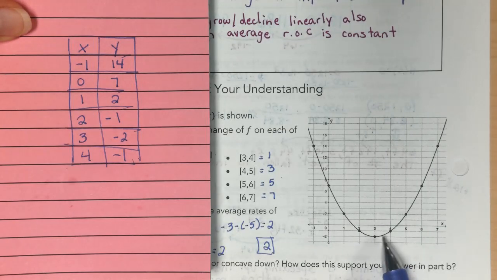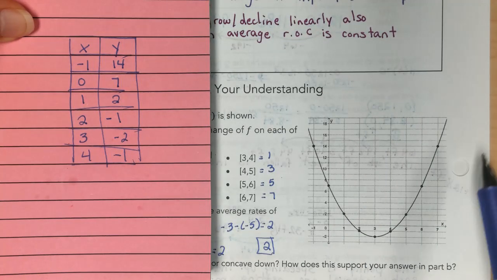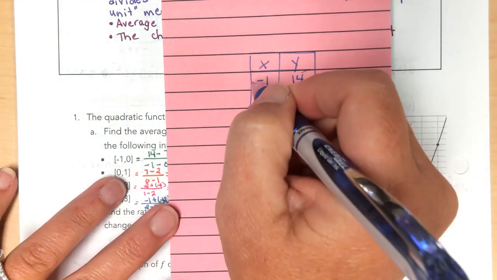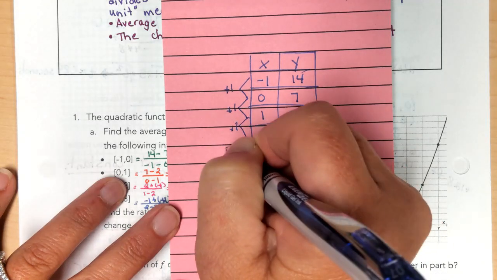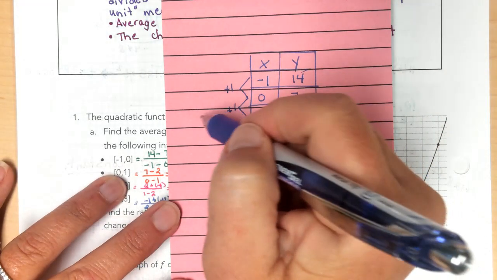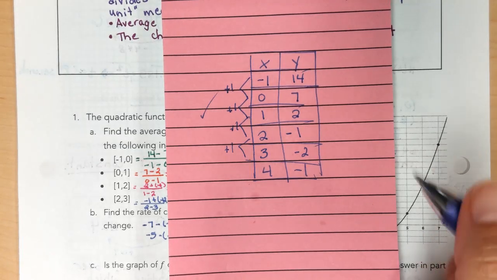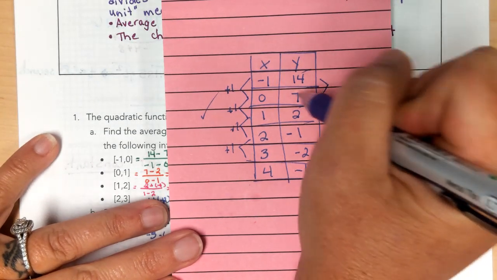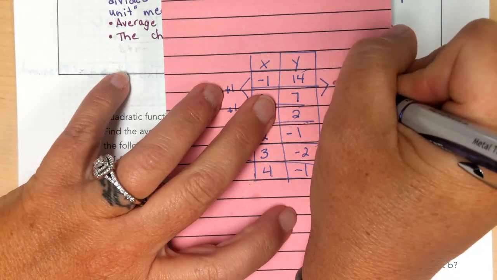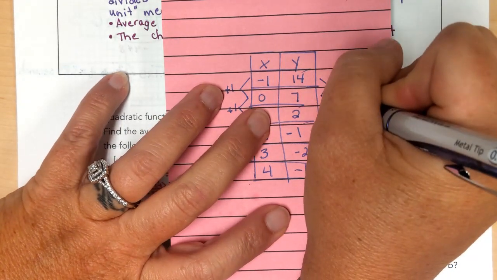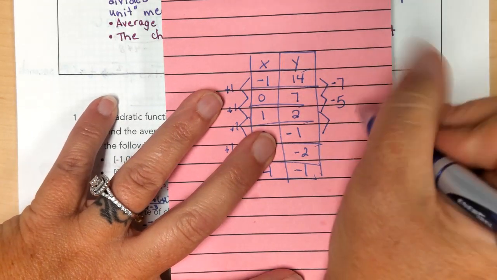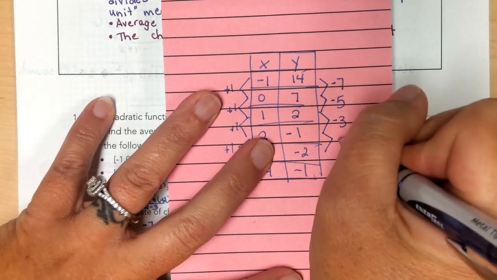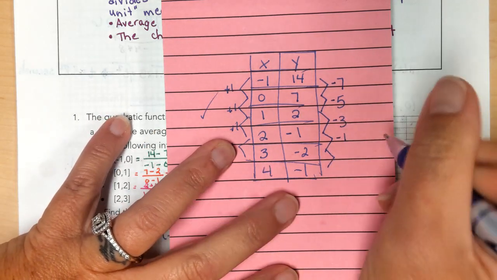I'm getting this from these points, these ordered pairs. Okay? So on this side, I'm adding 1, adding 1, adding 1, adding 1. So the left side checks off. They're all the same in between, correct? Well, over here, 14 to 7, I had to subtract 7, and here I had to subtract 5, and here I had to subtract 3, and here I had to subtract 1, and here I had to add 1.